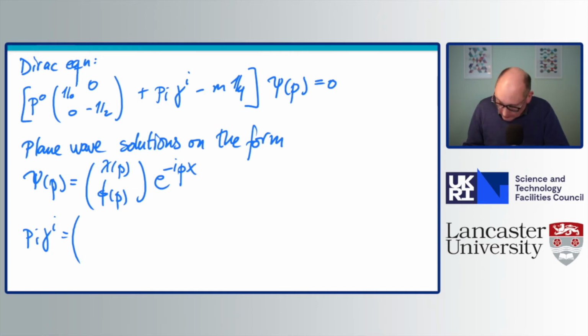So what we get here is 0, minus sigma I Pi up, sigma I Pi up, 0.